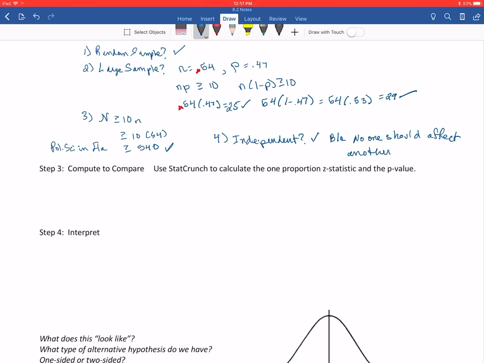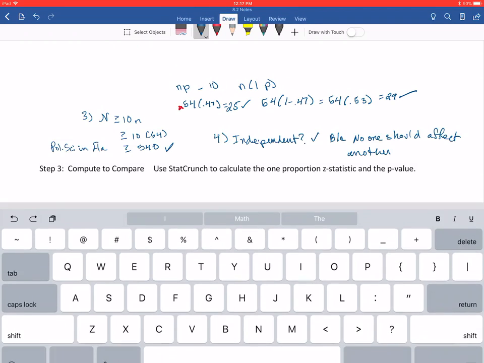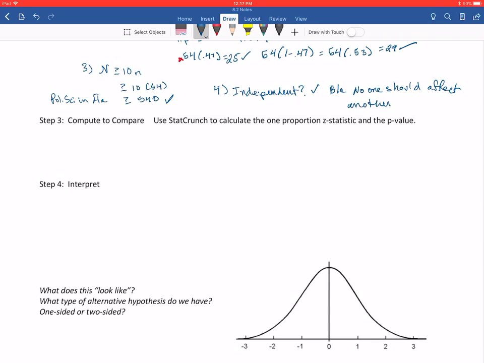Okay, so now that we're good, we're going to use StatCrunch to calculate the 1 proportion z statistic and the p-value. The two pieces of information you need in StatCrunch to run this are the number of successes that were observed and the number of observations. Those are the two pieces of information StatCrunch is going to ask us for when we flip over to it.